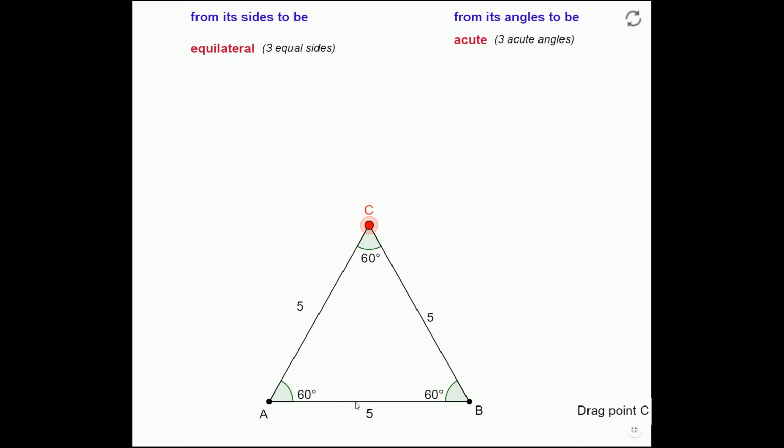Their sum is 120. What will remain for the angle at the main vertex is 180 minus 120 equals 60. So in all cases, the three angles will be equal to 60 degrees each, and it will become equilateral. So an equilateral triangle is in fact an isosceles triangle that has one angle of 60 degrees.